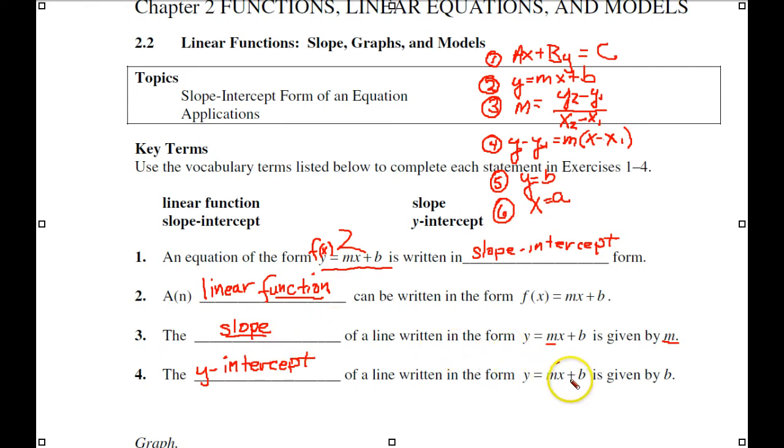And in this position where we see the b, and we had mentioned that in the previous chapter too, but now we're going to use it, b is referred to as the y-intercept. It'll be that point along the y-axis where the line of the graph will cross the y-axis. That is, intercept the y-axis. And that point is given by the letter b.